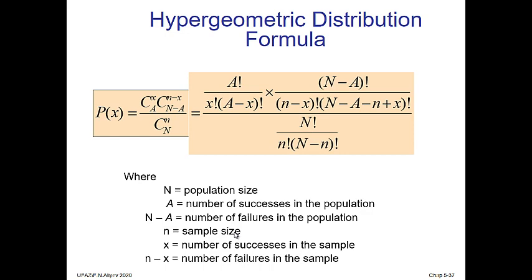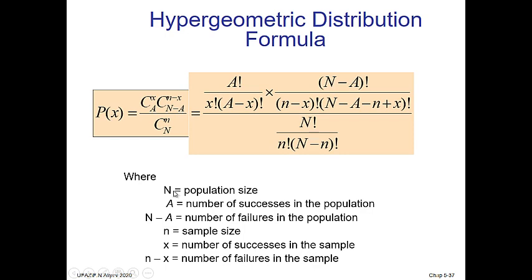If in the sample we talk about 2 black balls exactly, then x equals 2, and because x represents the number of black balls, A you should take as black balls, 15.